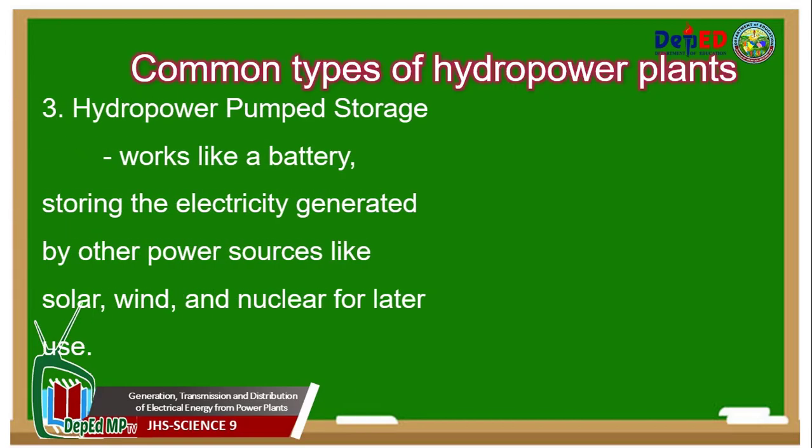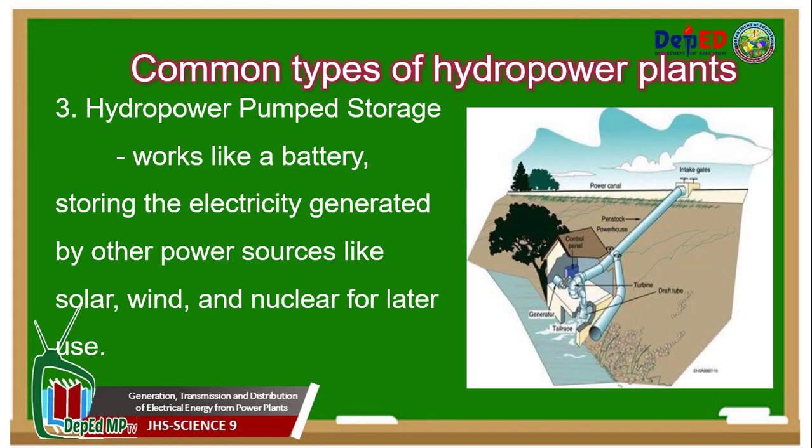And the third type is the hydropower storage. It works like a battery, storing electricity generated by other power sources like solar, wind, and nuclear for later use.